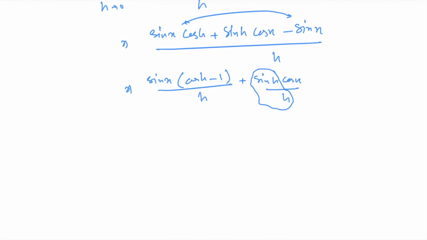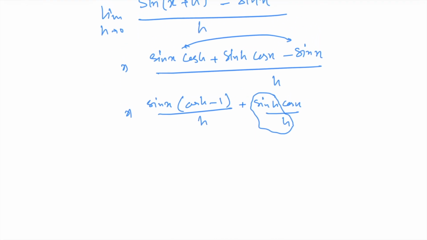Why? Because if you take sin theta upon theta, if we take theta very small, sin theta and tan theta all become theta, because when we take this small theta, this perpendicular becomes very short.